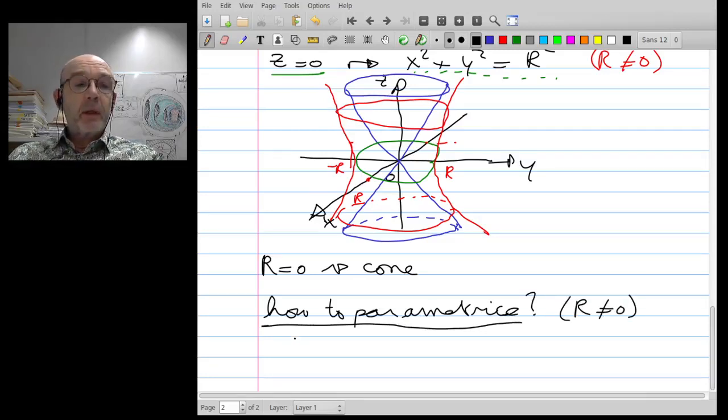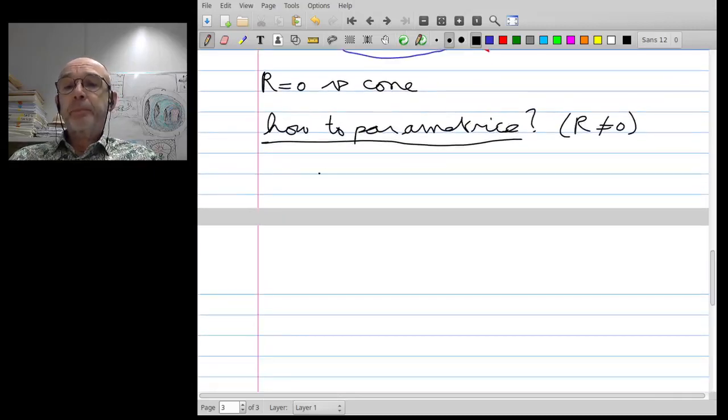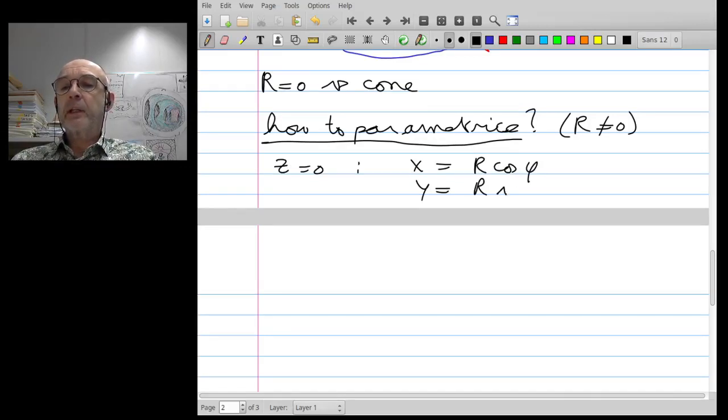Now, because I took z equal to 0 and I got some circle, I thought to myself the following: if z is 0, we can maybe take x is r times the cosine of phi, and y is r times the sine of phi.